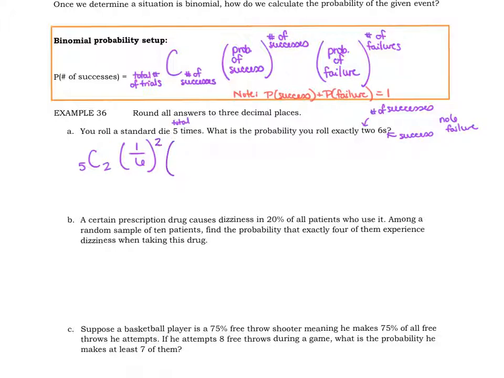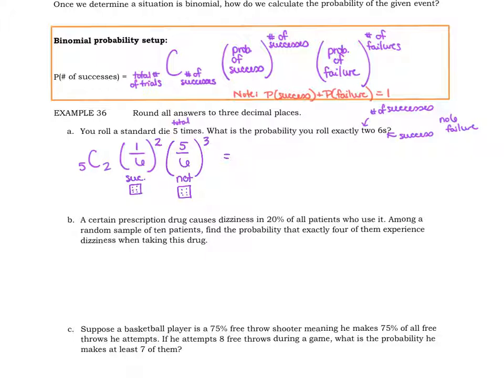Then we want the probability of not rolling a 6, which is 5 out of the 6 sides of the die. And how many times we would not roll a 6 would be 3 times. So again, this is all about a success, or in this case, rolling a 6. And this is all about not rolling a 6, having a failure in this case.